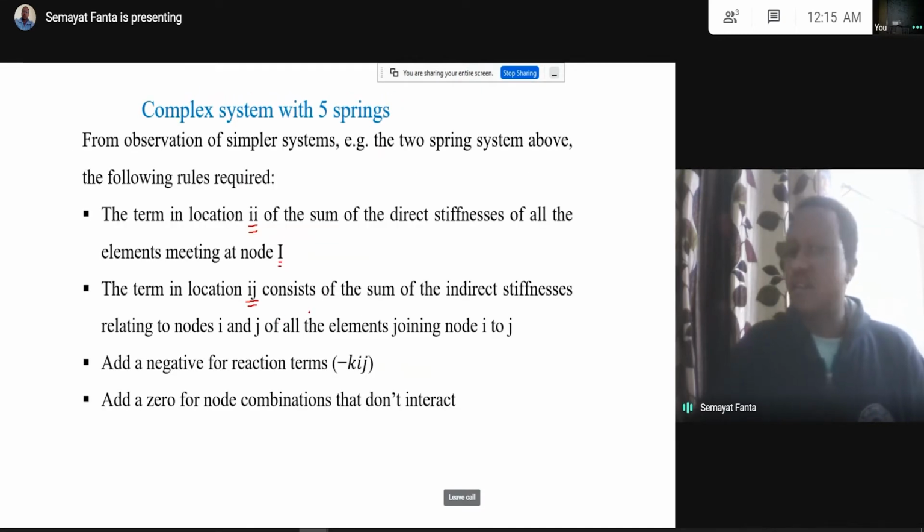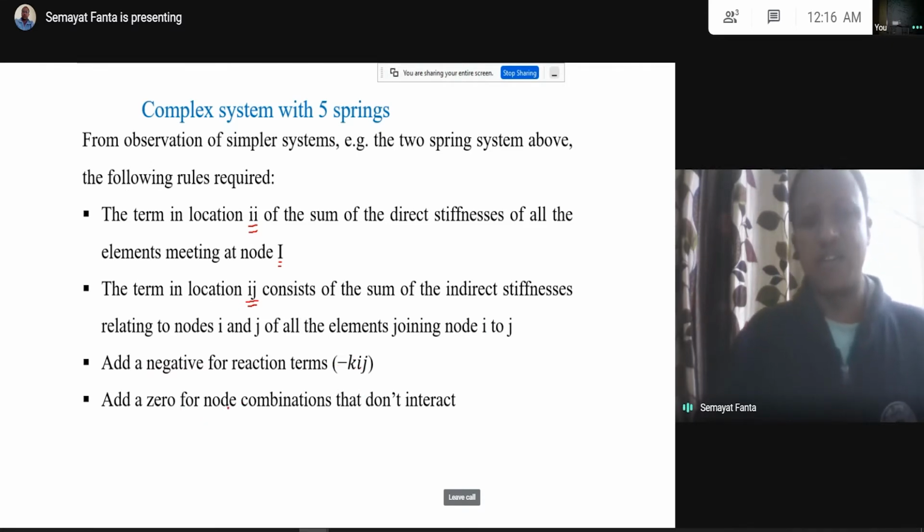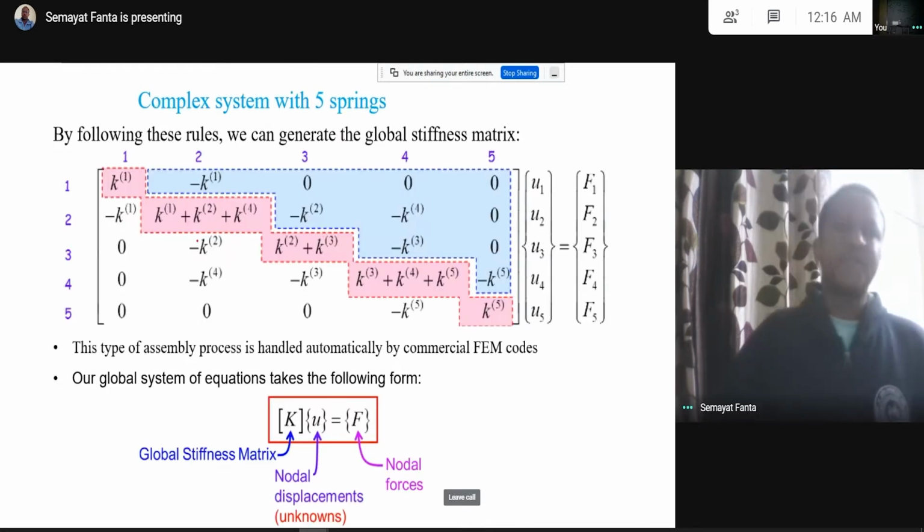So ij consists of the sum of indirect stiffness relating to nodes i and j of all the elements joining node i to j, which are the negative force reaction terms, minus Kij. Add 0 for node combinations that do not interact. So these are some of the rules required.